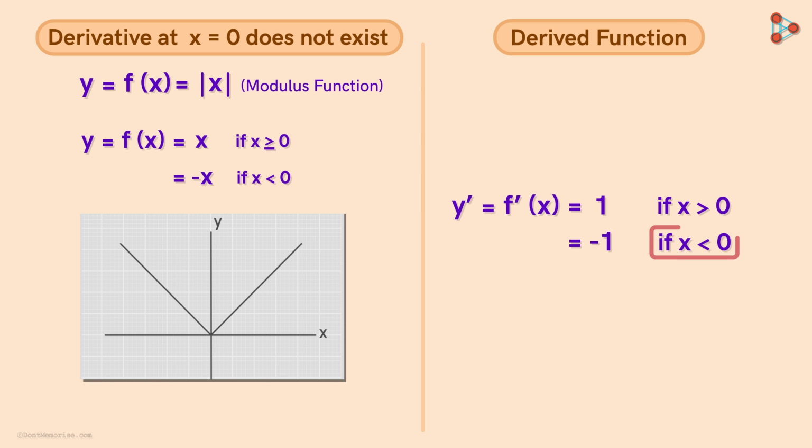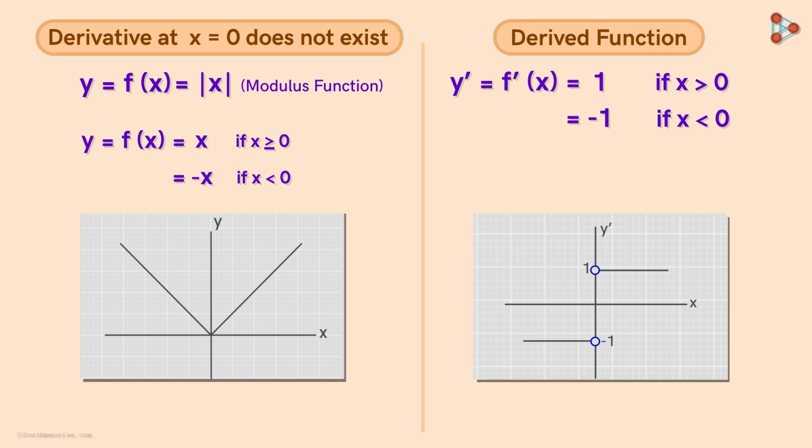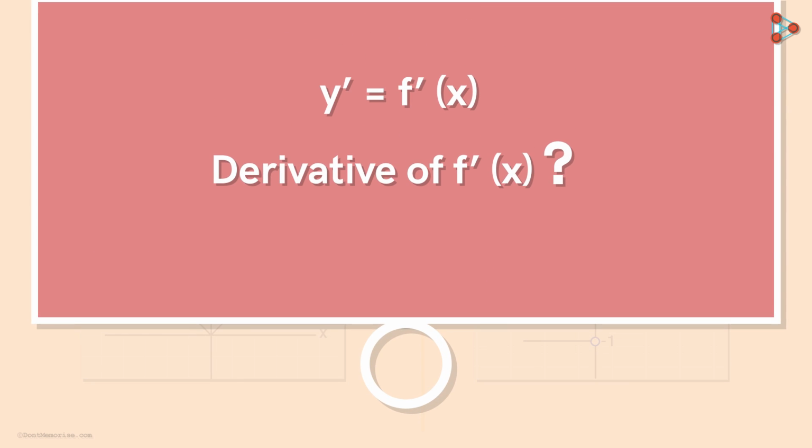And for x less than 0, we will get the derivative to be constant at a value of -1. Its graph will look like this. So we see that for this derived function, x equal to 0 will not be in its domain. But now notice that f prime is a function. So can we differentiate this derived function too? What does this mean? Let's find this out in the next part.